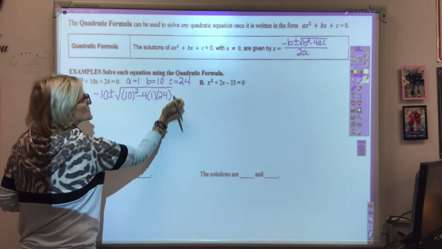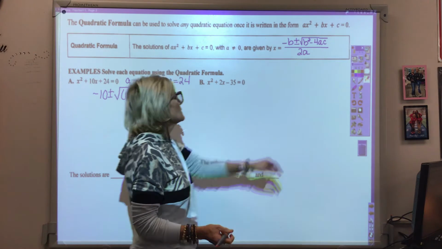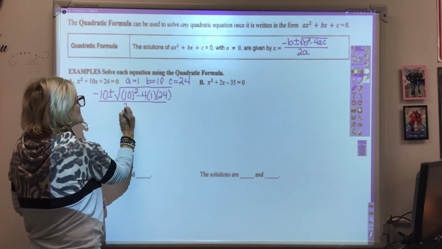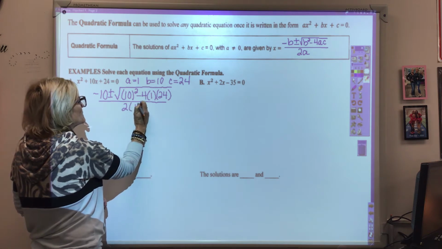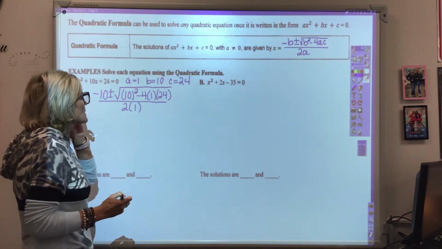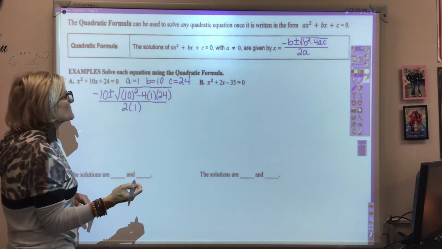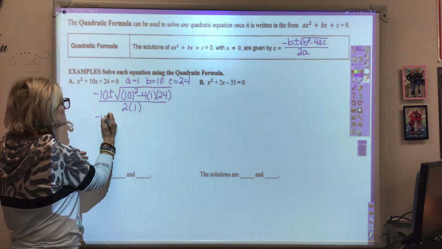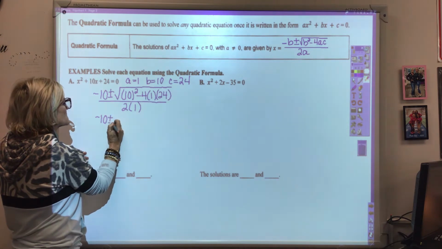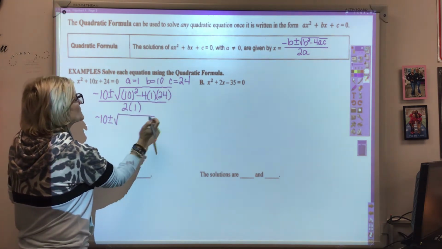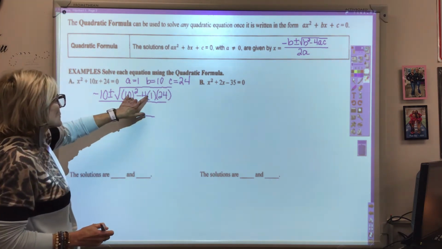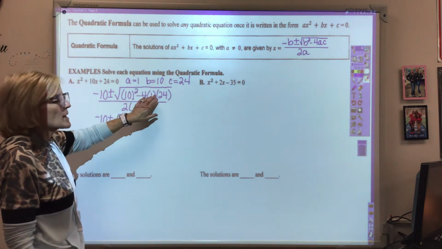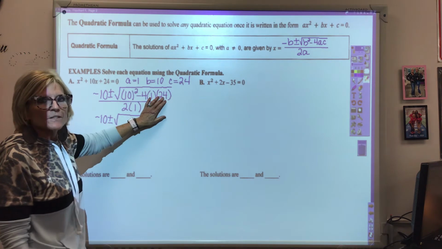Now if you're getting lost, follow along with the formula up here. All divided by 2 times 1. Okay, so what we would do is we would take negative 10 plus or minus, and you can put the part in your calculator, you can put in 10 squared minus 4 times 1 times 24 if you want to.